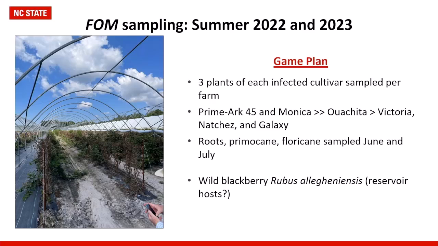Those were just observational things. Then we looked at the roots, the primocanes, and the floricanes in June and July. Even if parts were asymptomatic, we still sampled them because we wanted to see where the pathogen was in the plant.